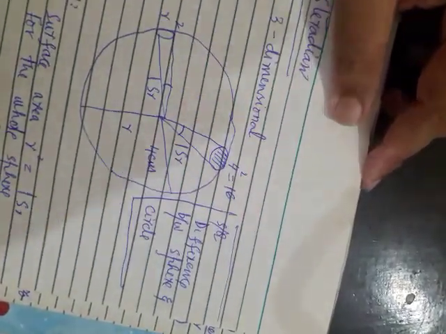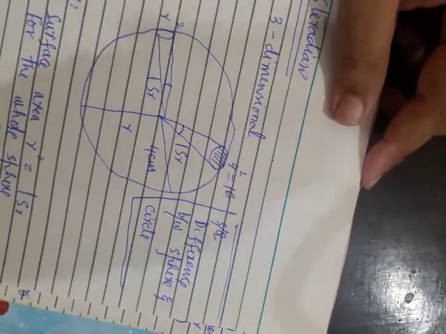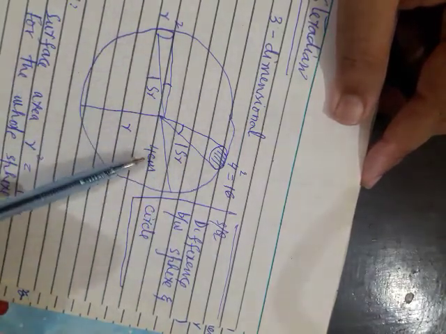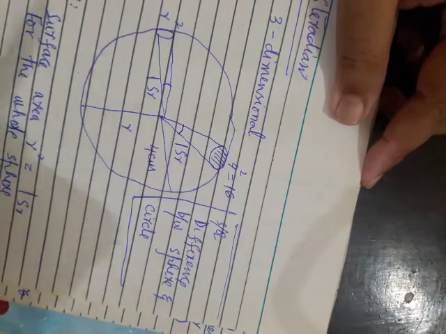So we are considering a steradian. It's a three-dimensional angle. We also call it a solid angle. We are considering a sphere of radius, let's suppose 4 centimeter or 4 units.